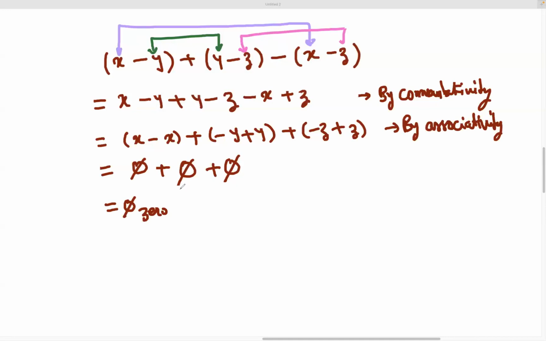Now, a very simple example after this is if we have positive integers. Let me clear the screen again. If we write 1 plus 2, that is the same as 2 plus 1, and that equals 3.